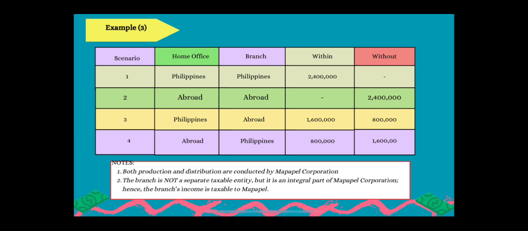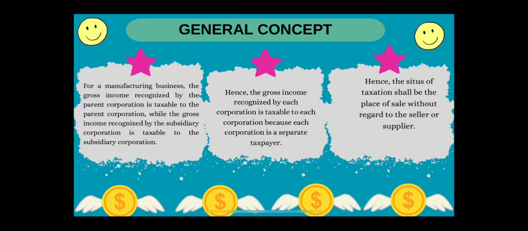So, general concept, for a manufacturing business, the gross income recognized by the parent corporation is taxable to the parent corporation, while gross income recognized by the subsidiary corporation is taxable to the subsidiary corporation.